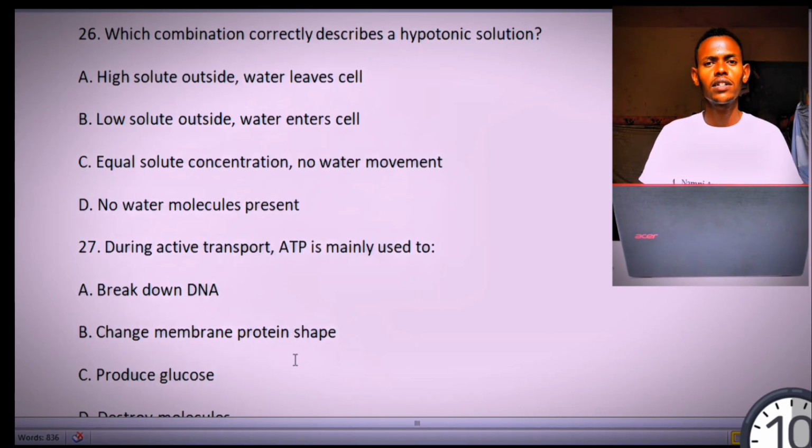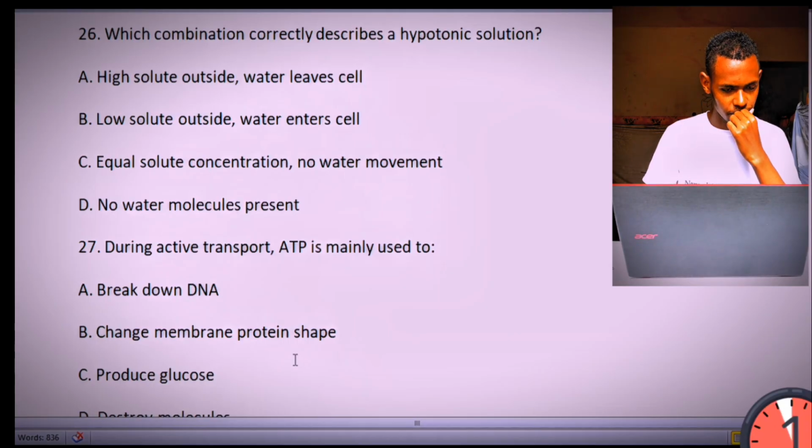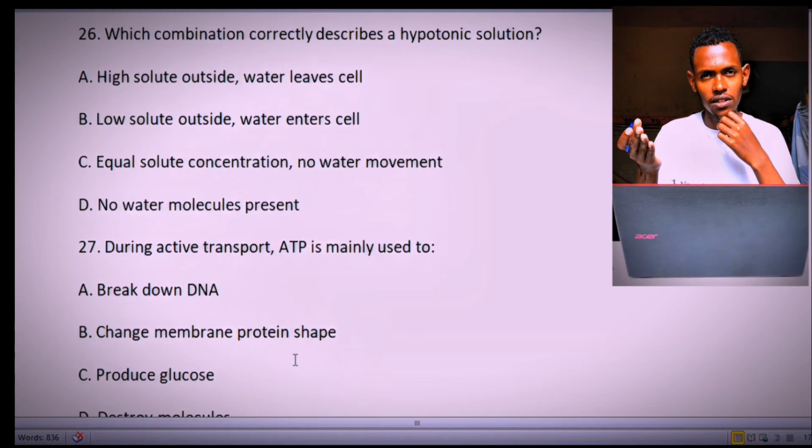It is your turn. Try. So what is the answer?